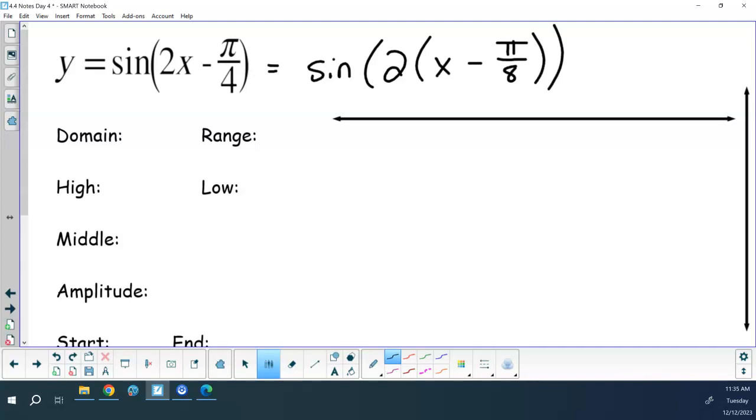How do we know that it's pi over 8 and not pi over 2? Because we multiply it back in, right? We check it. And if it's pi over 2, then it's just been pi, and not pi over 4. Okay? 2 times pi over 8 is pi over 4. Now, you can graph it. Go for it now.